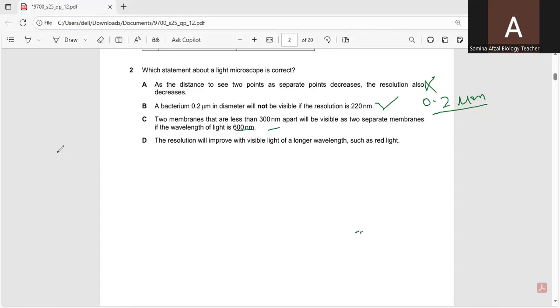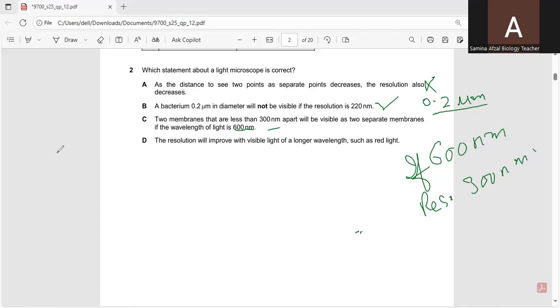If the wavelength is 600 nanometer, the resolution limit will be 300 nanometer.